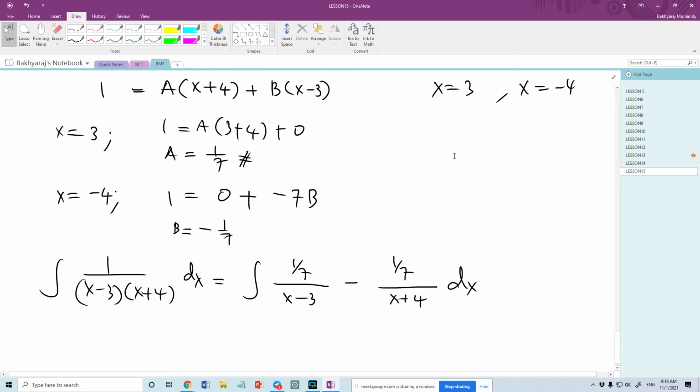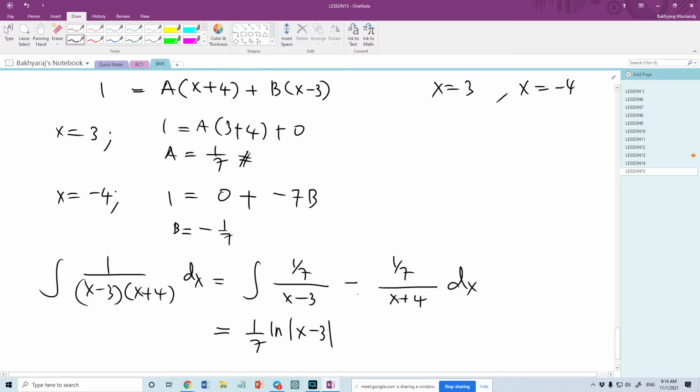Okay, so a over x minus 3, plus b over x plus 4. Since we have negative 1/7, so I put negative here. And what is the last answer? Equal. Okay, 1/7. Okay, correct.